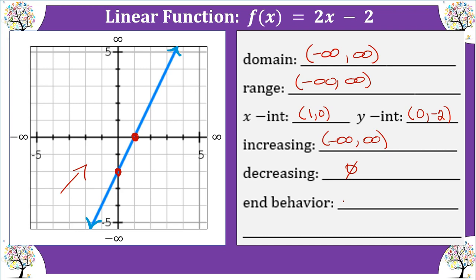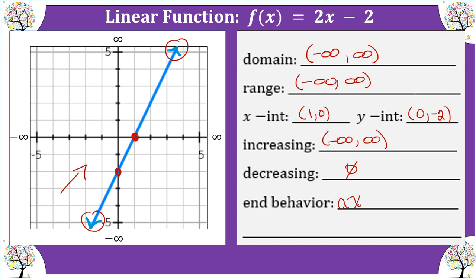End behavior just tells us what the graph looks like on the ends of the graph. So we are just concerned with this part of the graph. So we ask ourselves, as the x values decrease, as we go left toward negative infinity.